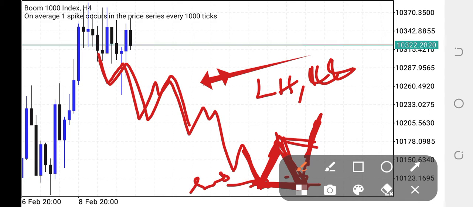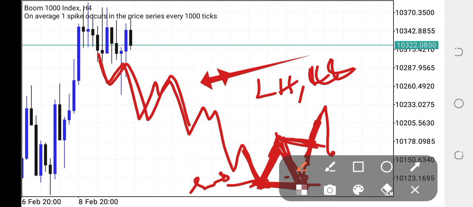So what do we need to do now? We want to take our trade. We want to wait for price action, because most times the retracement can be a deep one. Another thing, I told you, most times price might not come back to the neckline.